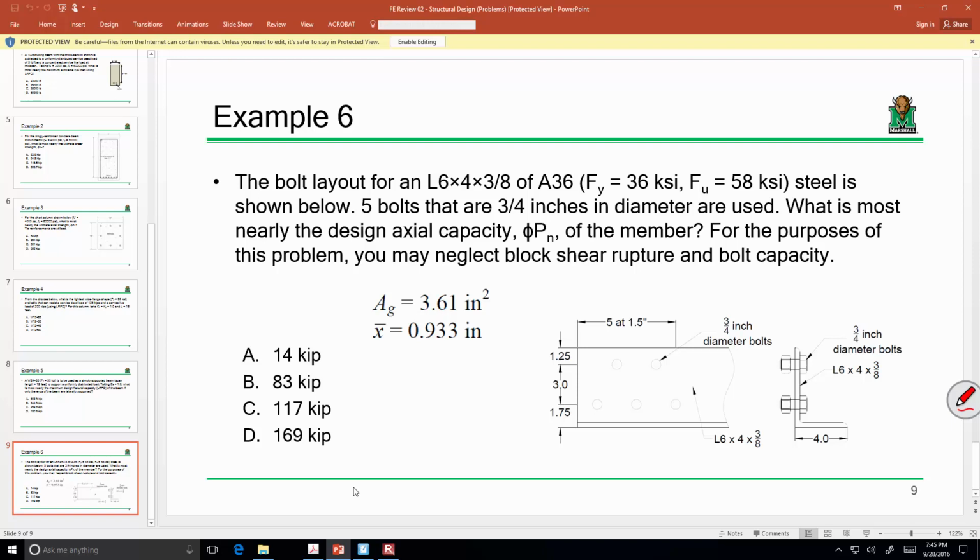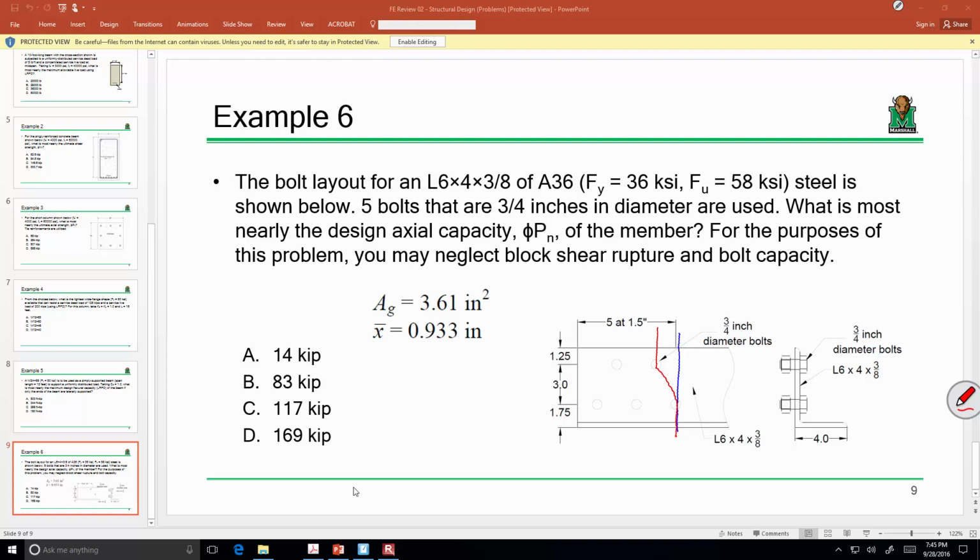Because if I'm yanking on this angle, it may fail like this, right through, laterally, or it might fail like that. And failing along that diagonal path increases the cross-sectional area. We handle that by using what's called a stagger factor. And you'll see that here in a second.